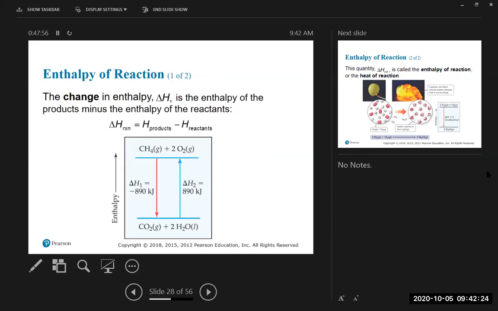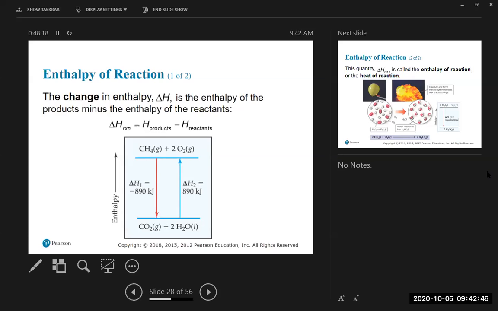Okay, so we talk about something called enthalpy of reaction. Delta H is that change in enthalpy. You'll see this really common in thermal chemistry: you're usually measuring changes. Where did I start? Where did I end? What's that difference? That tells me a lot about the reaction.